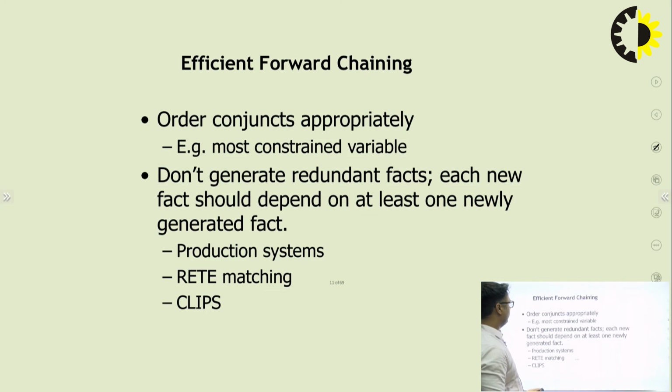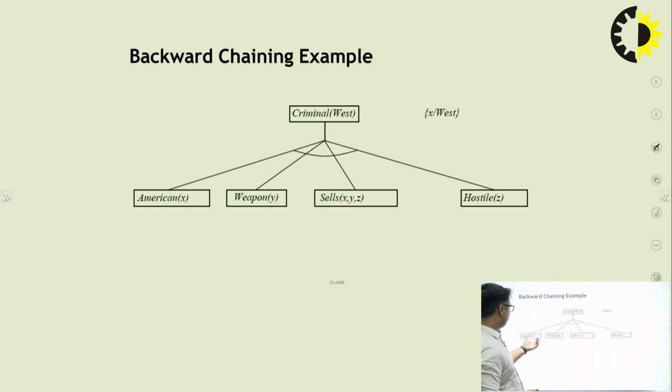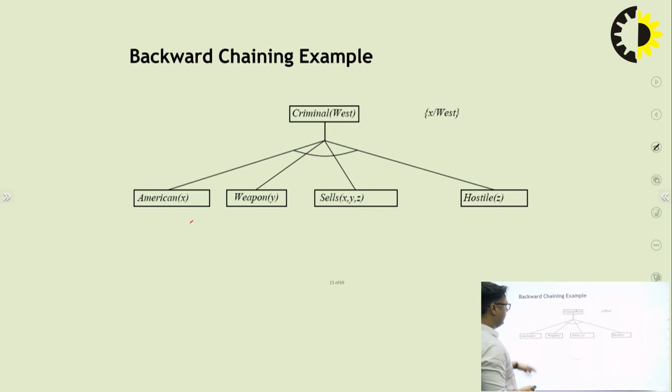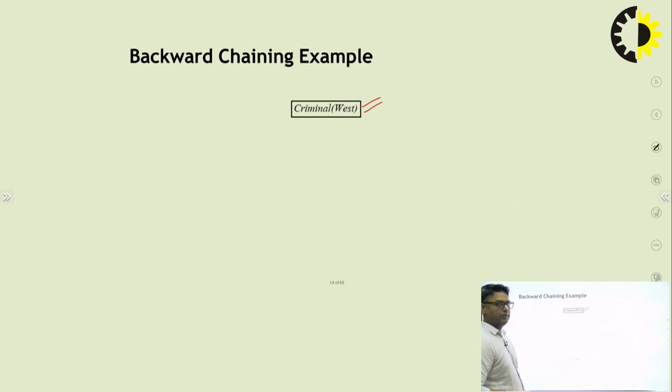Here every value is put in, such as American, sells, hostile; all values are put under it. Again I have to check the right statement, because the right statement is my root node, then check the left statement related to the root node and put it on my tree.